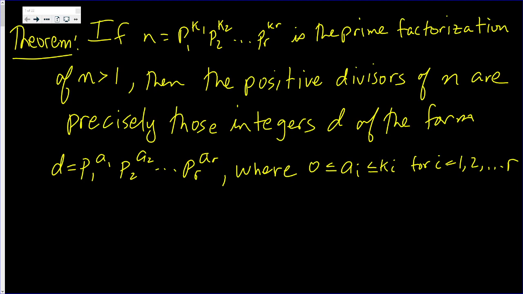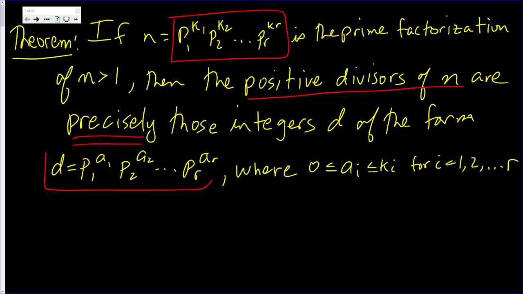If the prime factorization of n greater than 1 is p1 raised to the k1 times p2 raised to the k2 all the way up to p sub r to the k sub r, then the positive divisors of n are precisely integers of this form, where the a sub i's, these exponents, the power of p sub 1 is no bigger than k sub 1, all the way down to the power of p sub r is no bigger than k sub r.